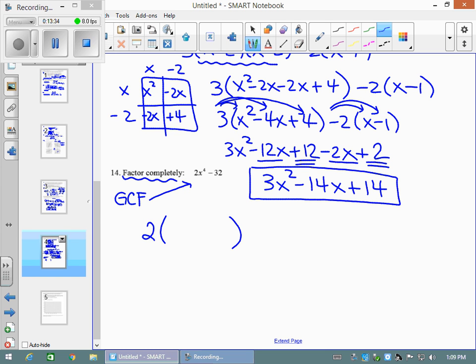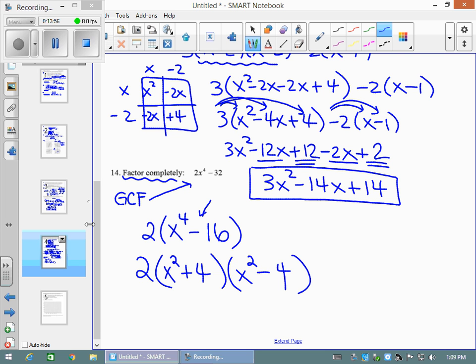Now, because I have 2 terms, I know the only other option here would be difference of perfect squares. So I see that I do have the difference, and I also have 2 perfect squares. So this is going to break down into x squared plus 4 and x squared minus 4. Now, I should always be looking again for a difference of perfect squares.